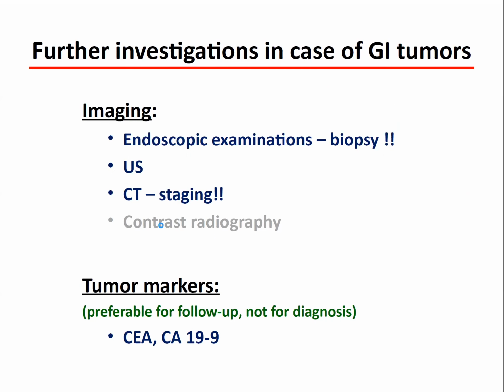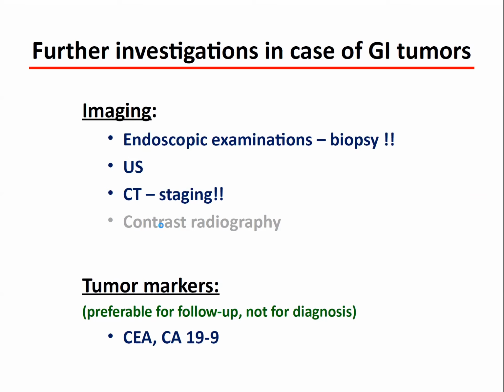Now, further tests in GI tumor: endoscopy with biopsy, ultrasound, and CT staging should be done, and some tumor markers such as carcinoembryonic antigen or CA19-9 should be measured, but mostly if you don't see any tumor, or before the operation.